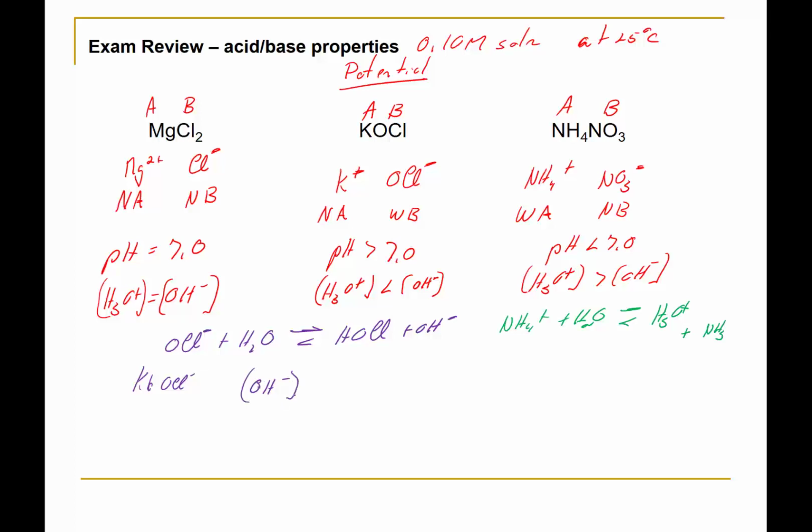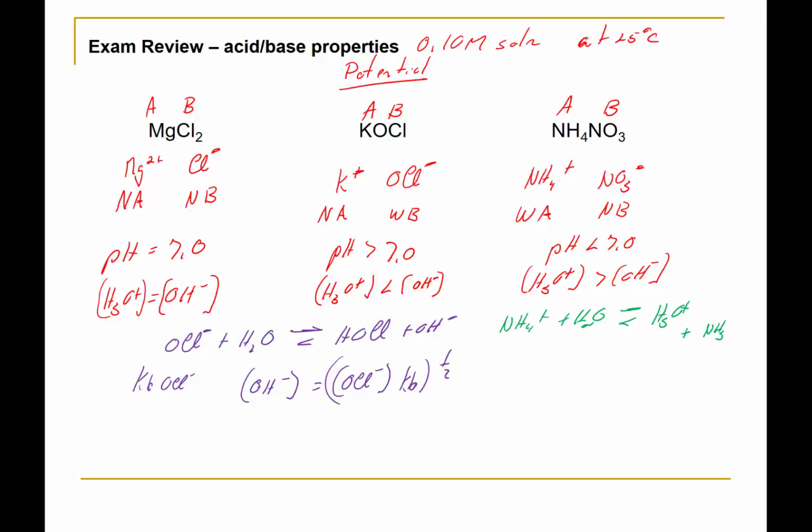The shortcut equation for this is the hydroxide ion concentration is equal to the hypochlorite concentration, in this case 0.1 molar, times the Kb for hypochlorite, all to the square root. You may remember that came from using an ice table and solving for X. And X in this case is the hydroxide ion concentration.